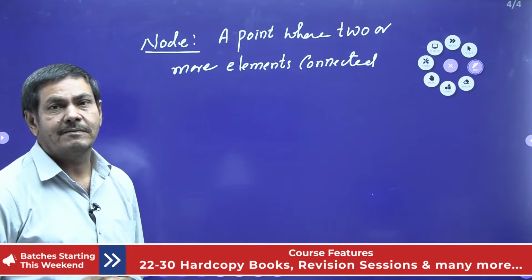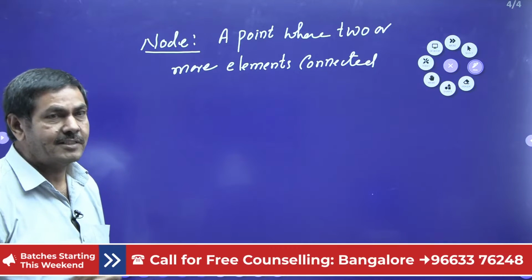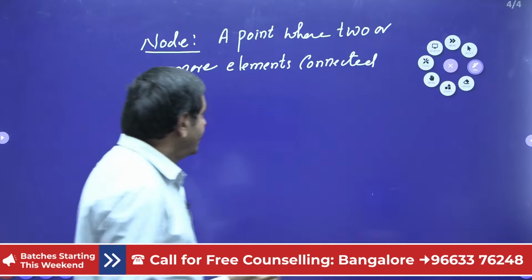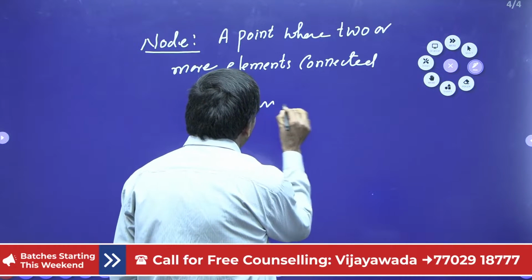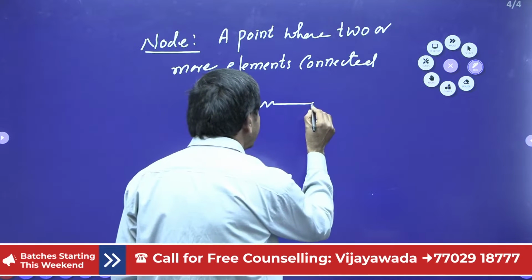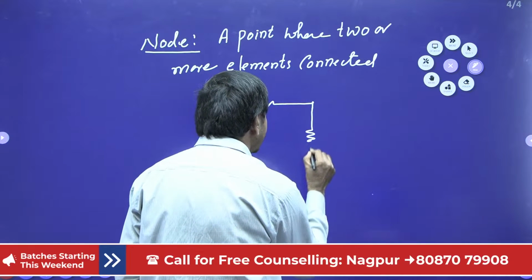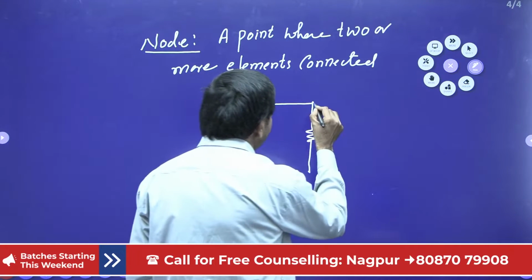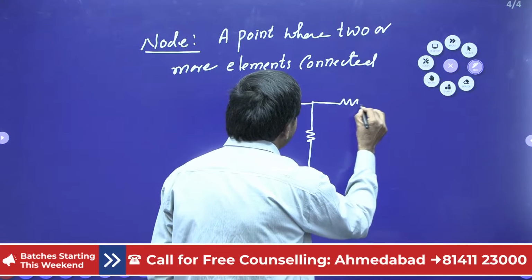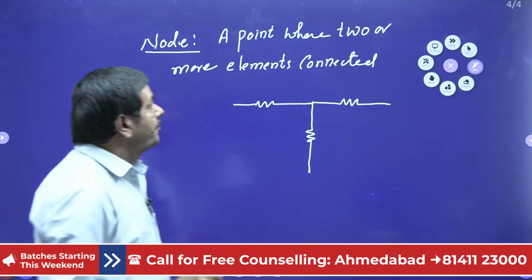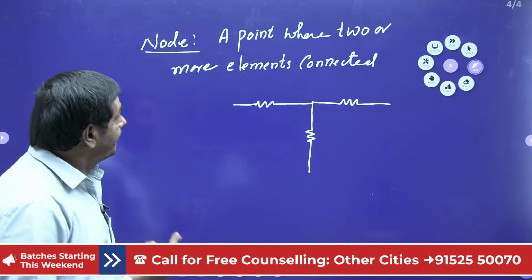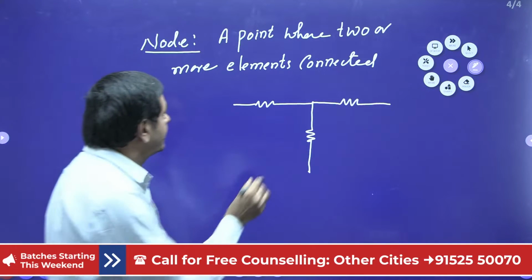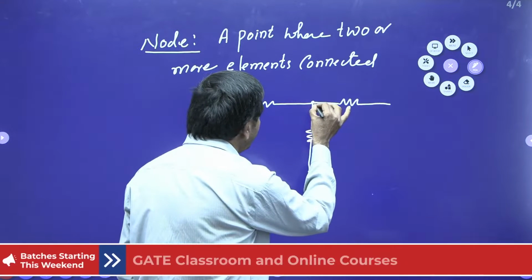What is the meaning of this node? I will explain now. Suppose I connected one resistance like this, one more resistance I connected this side, one more resistance I connected here. A point where two or more elements are connected: which point is to be taken as a node? This point we are going to call a node.